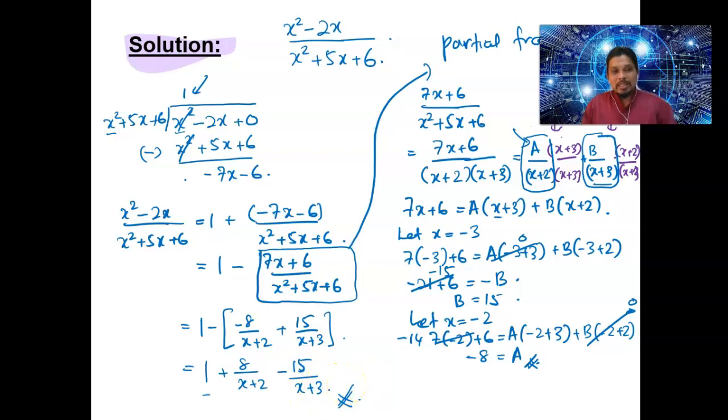Okay, so class, I just gave you a simple example of where in other topics we're going to meet this again. We are going to meet partial fractions again in some other topic, for example x squared minus 2x divided by x squared plus 5x plus 6. Can you guess in which topic I mean?